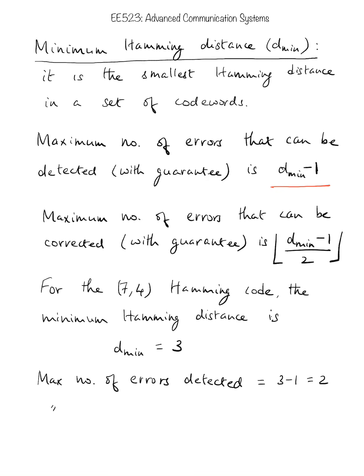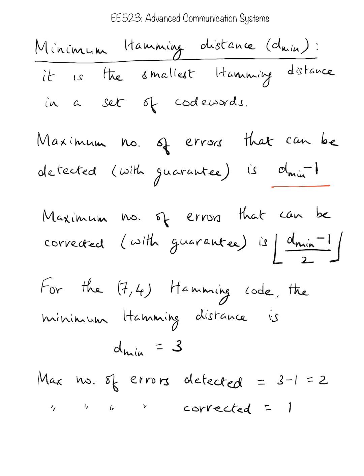And the maximum number of errors that can be corrected is d min minus 1 by 2, which is 3 minus 1 by 2, which is 2 by 2, which is 1. So it can detect a maximum of 2 errors and it can correct a maximum of 1 bit error, right? So that is the error detection and correction capability of the 7/4 Hamming code.